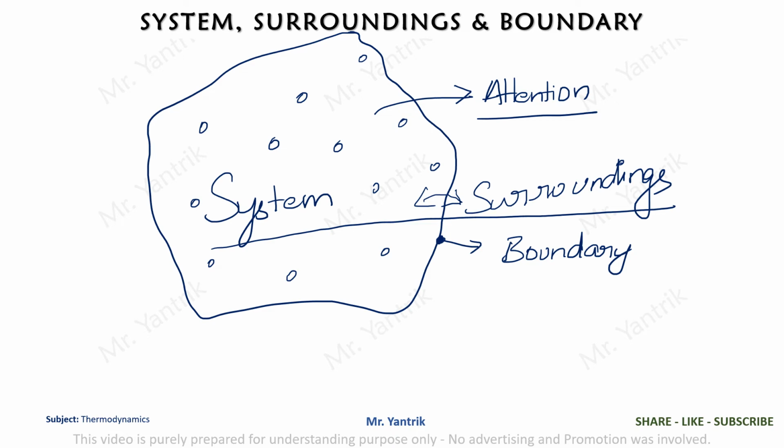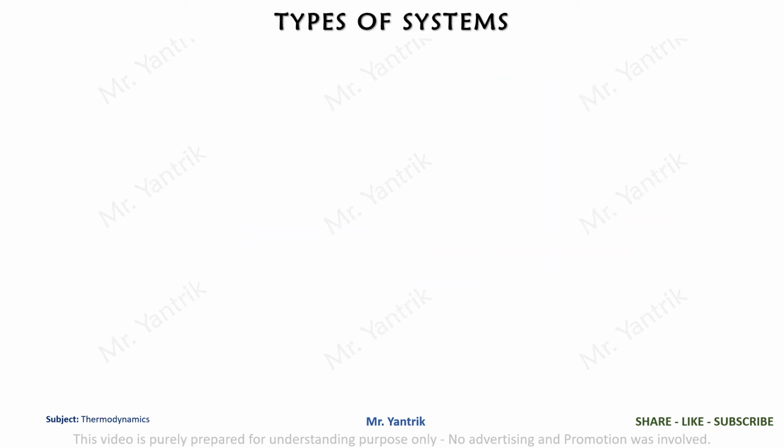Right. Coming to the next concept, types of systems. A thermodynamic system is categorized into control mass system and control volume system.